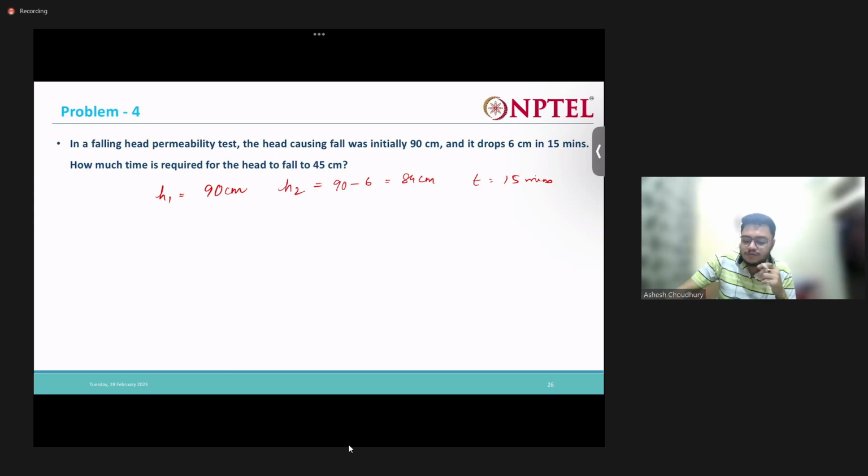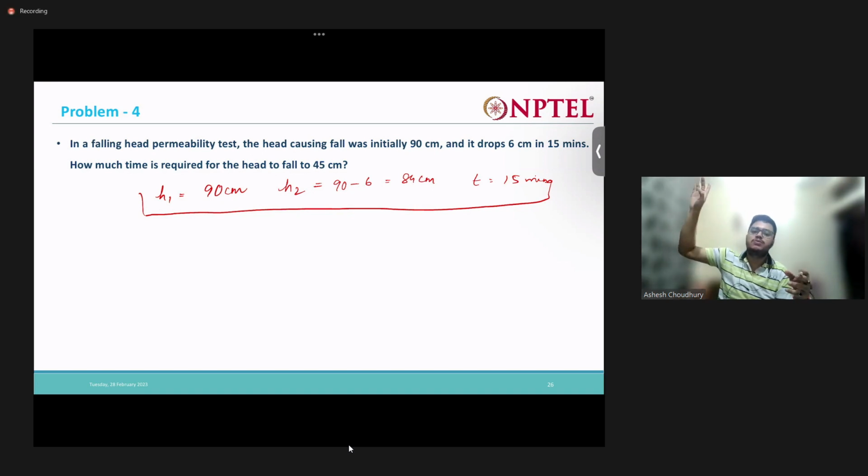How can we find out? First, this is my available data, right? Using this available data, we need to represent the unknown terms. If we remember the equation of the falling head test, the quantities were the area of the tube, the length of flow, the area of the soil sample; those things are unknown. So we will find those things in terms of the known terms.